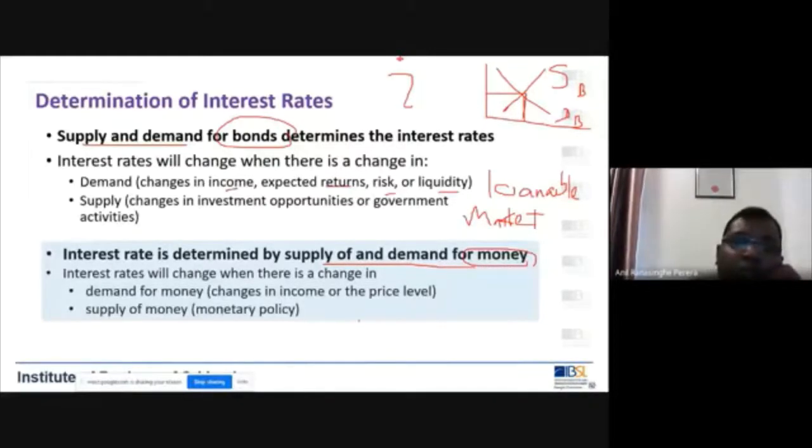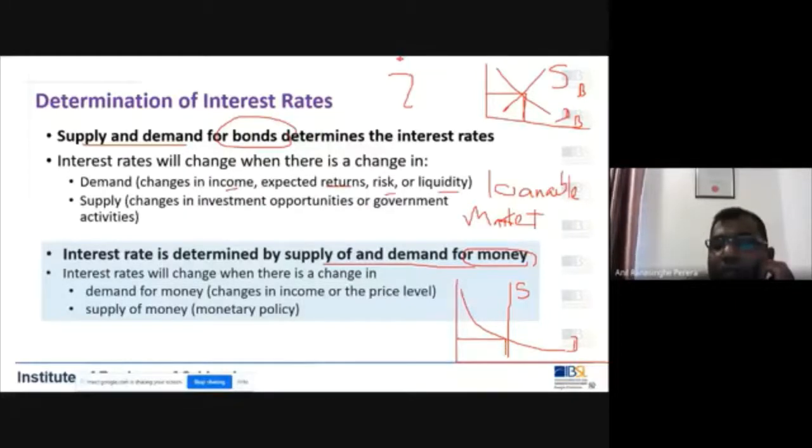So demand for money, we have seen, changes due to income or price level. Remember, we discussed this. Supply of money is determined by the monetary policy. Usually what we can observe in this case, money supply is basically constant because it is decided by the central bank. Demand for money is like a negatively sloping curve which is affected by various factors like income, price level, preferences and all.